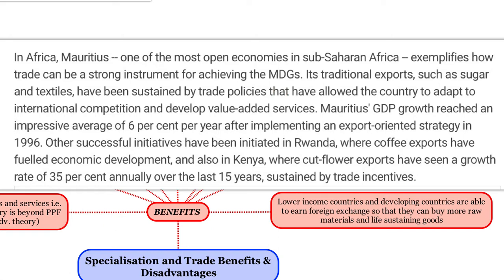MDGs are the Millennium Development Goals of that country. And one of the key things here is that in Mauritius, they've allowed the country, it says, to adapt international competition and develop value-added services. In other words, they've moved through the chain. Instead of just producing sugar, they're also using the sugar in the manufacturing process in Mauritius.